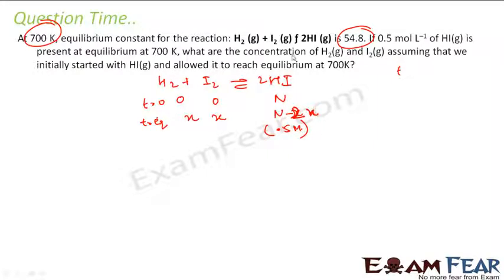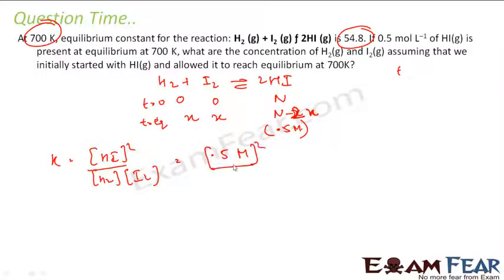And the value of K is also given. So K is the concentration of HI squared divided by the concentration of H2 times the concentration of I2. The concentration of HI is 0.5 M squared, and the concentrations of H2 and I2 are both x moles per liter.